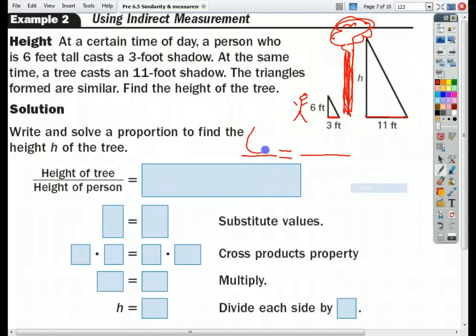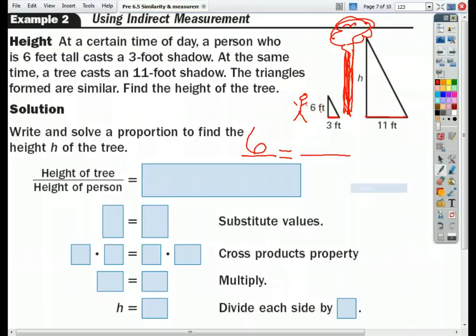If I put a 6 here, what are my options to put for my numerator? I could either go 6 and 3, or I could go 6 and H. Which one do you want to do? I'll let you guys vote. Who wants the 6 and the 3?